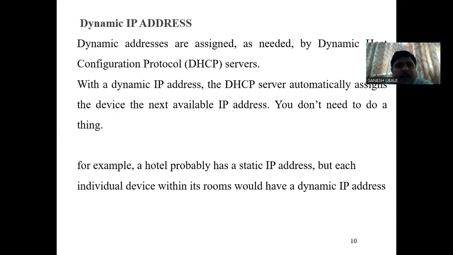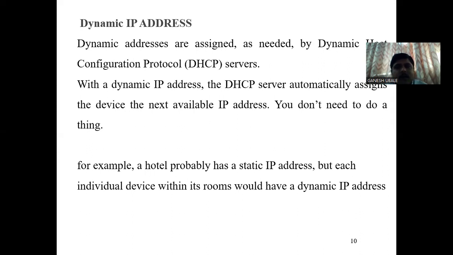Now the last type is the dynamic IP address. This is the address assigned by the protocol called DHCP, the dynamic host configuration protocol. When we want to connect to any place using their network, we just need to plug in the LAN cable, and automatically it will take the IP address.